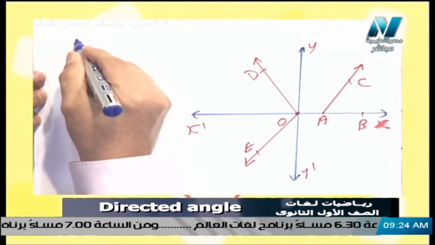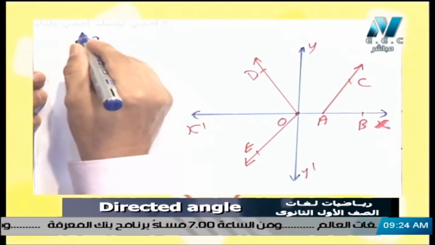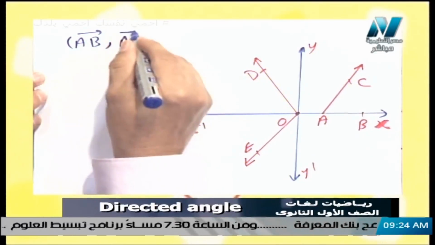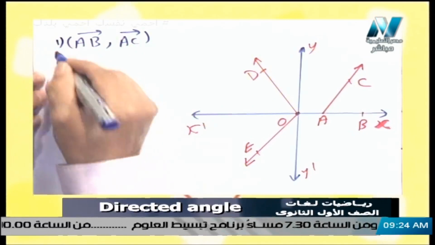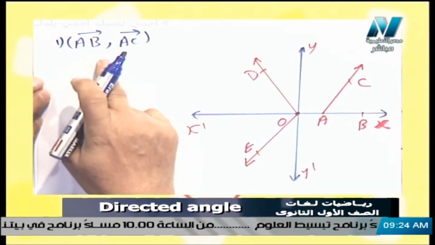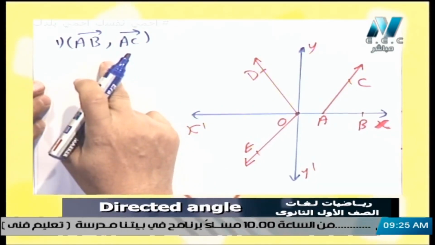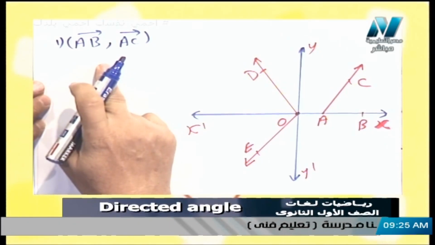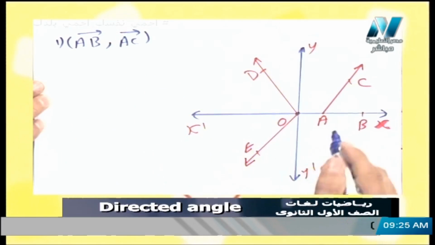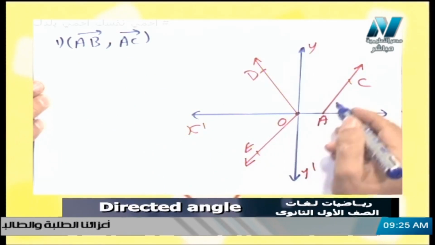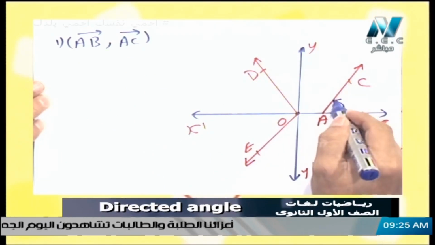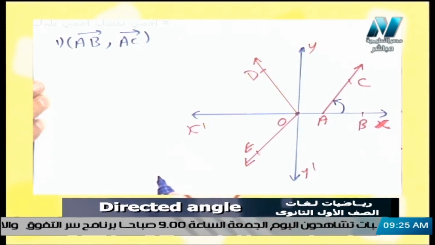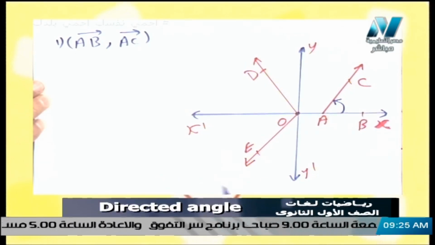We have many ordered pairs expressing some directed angles, like the angle AB and AC. Is this ordered pair in its standard position or not? This is the angle. We have two conditions to be in the standard position for a directed angle.